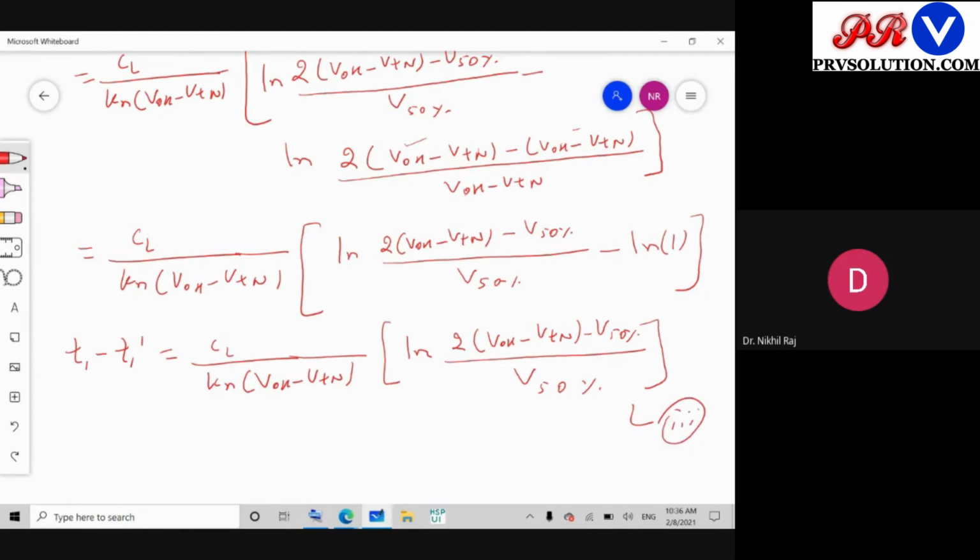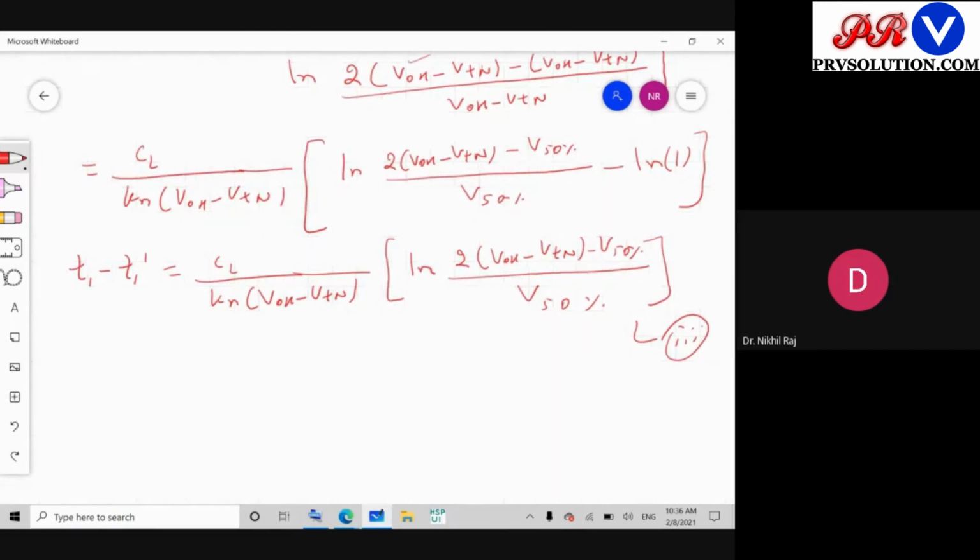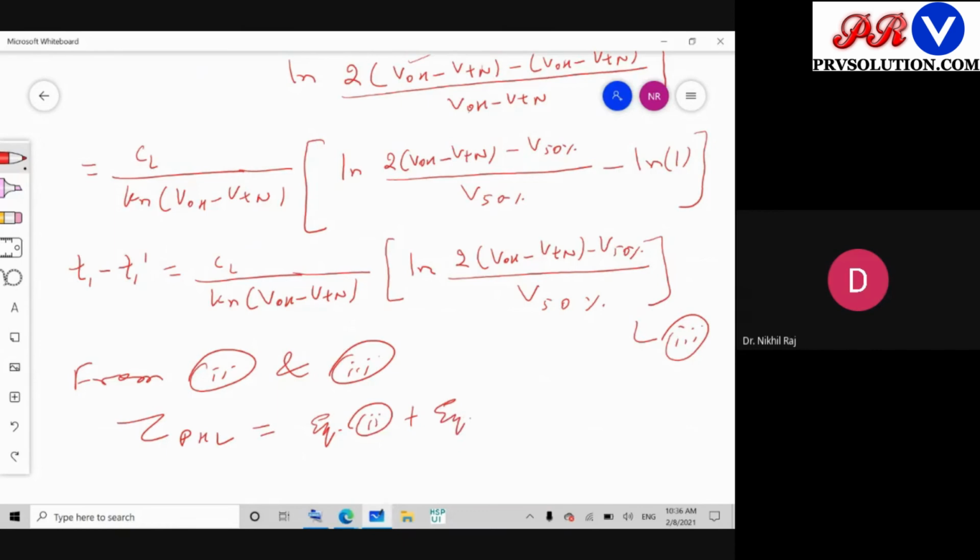Okay. So now we have computed both the times. So from 2 and 3, what will be TPHL? That is equation 2 plus equation 3.